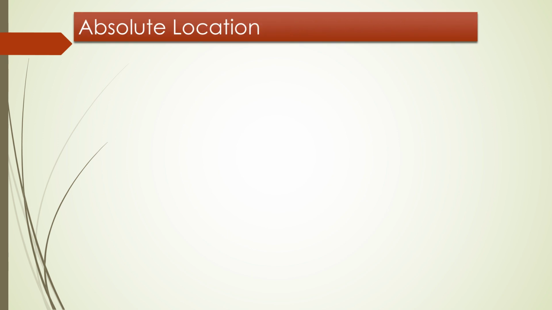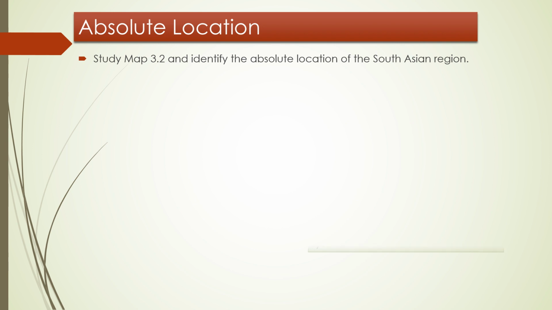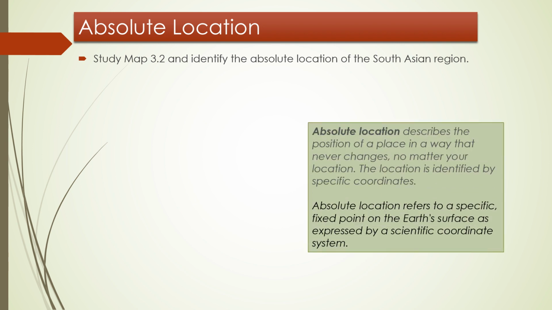Now we will see absolute location. We can identify the absolute location of the South Asian region in the map. What is absolute location? I have taught about it in the classes as well. An absolute location describes the position of a place in a way that never changes. No matter your location, the location is identified by specific coordinates.